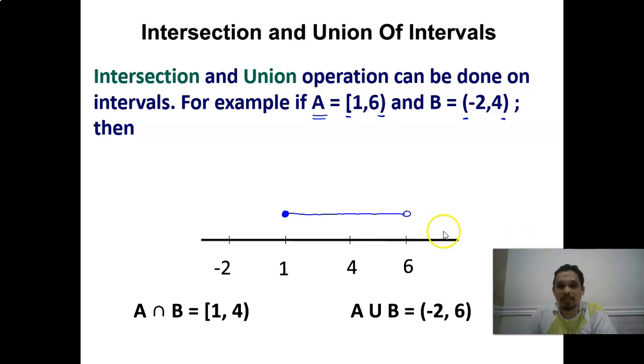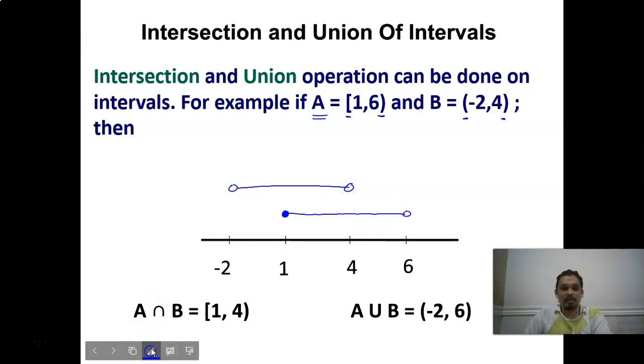And then, sorry, B is from negative 2 until 4, from negative 2 until 4.